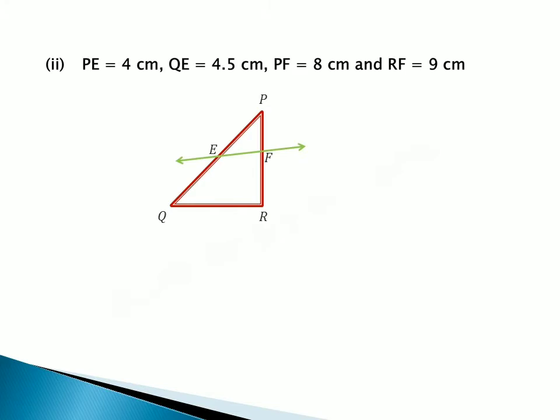Take down all the values like this. Then apply the ratio PE by EQ, 4 by 4.5. It is also very easy.